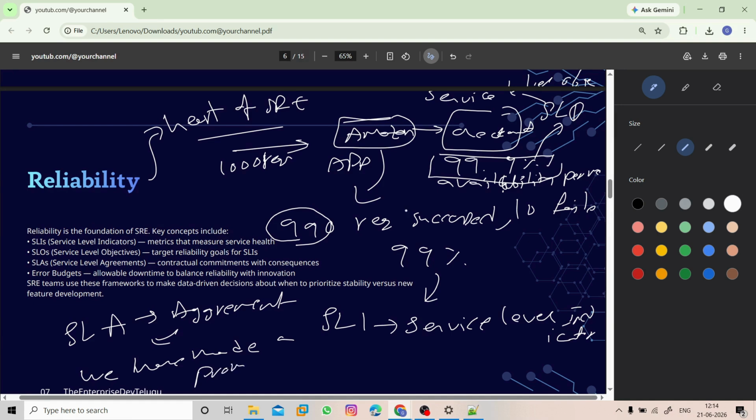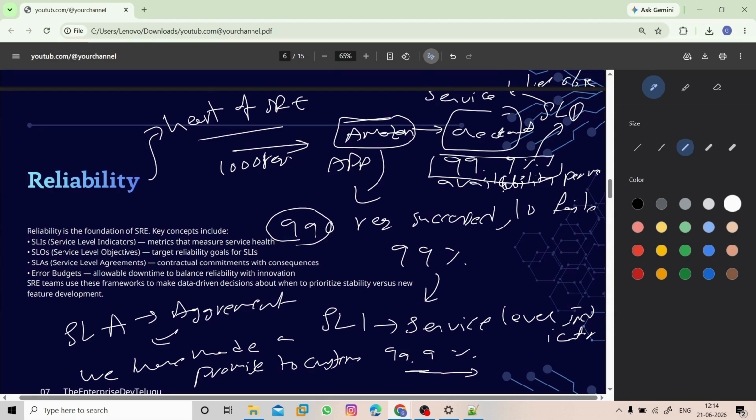We have to guarantee something, suppose 99.9% availability, and if you fail this, customers receive compensation. So these are the things: SLI, SLO and SLA.